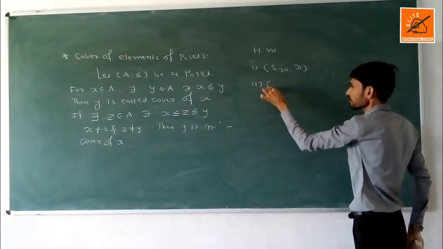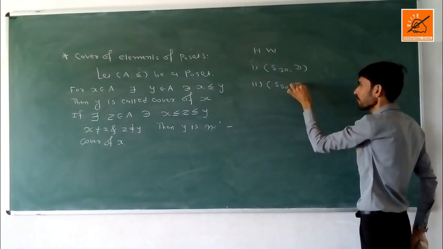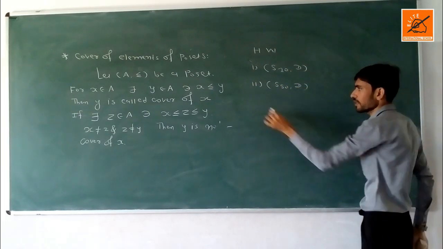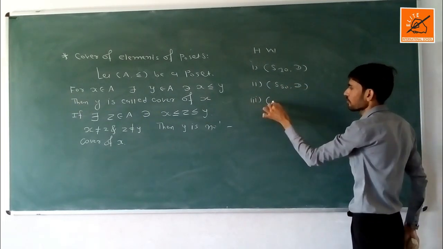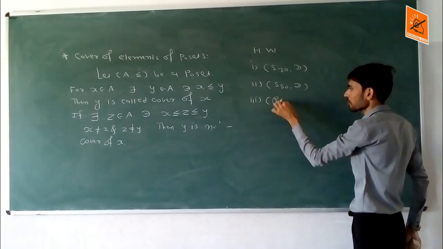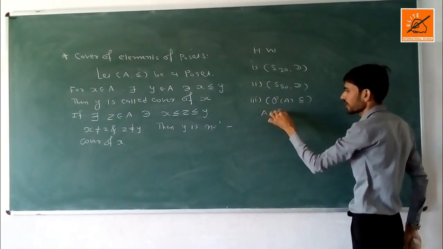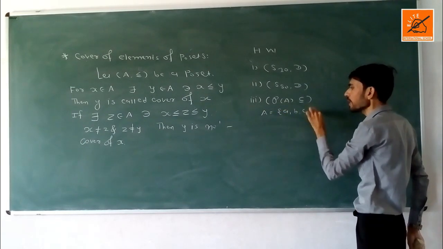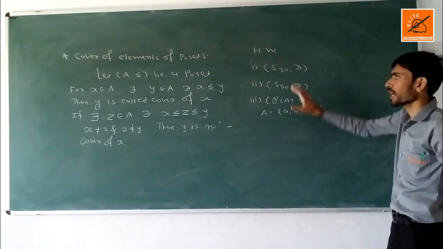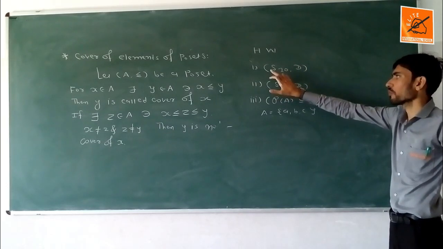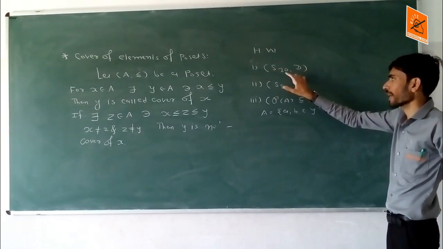Second one, S50 where the relation is division. Third one, the power set of A with subset or equal to, where A is considered as the set {a, b, c}. Now try to find all these three. First one, S10 with division.